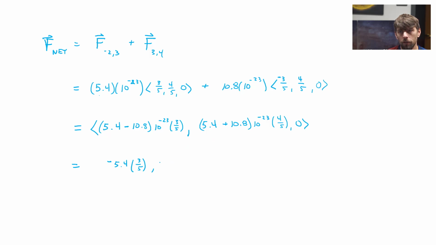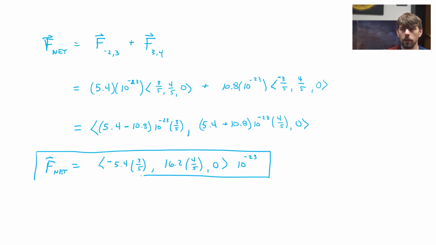And then we have, what, 16.2 times 4/5 and 0. And I just pulled out that common 10 to the negative 23rd. There we go. There is the vector that represents the net force acting on our charge 3e.